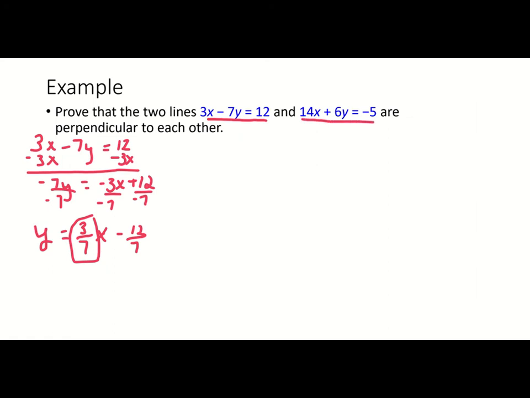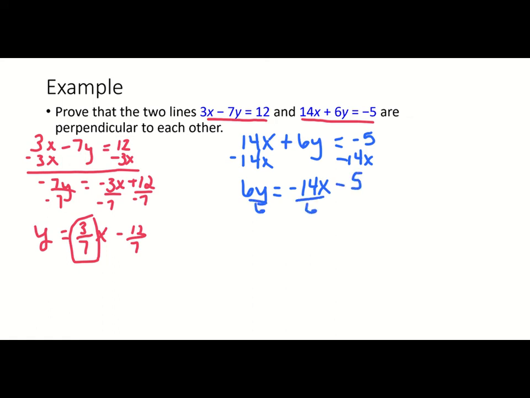All right, for our second one, it is 14x plus 6y is equal to -5. So I'll start off, I'll subtract 14x from both sides. And that's going to give me 6y is equal to -14x minus 5.